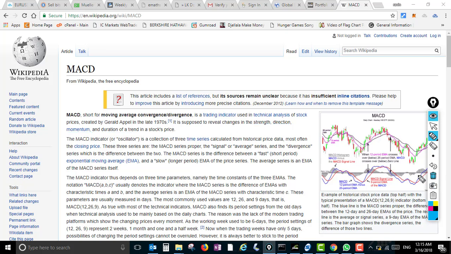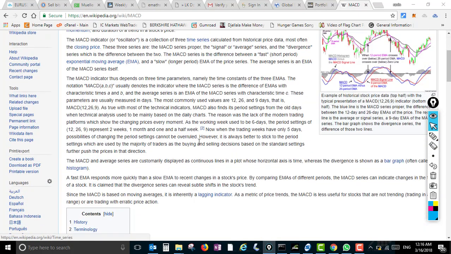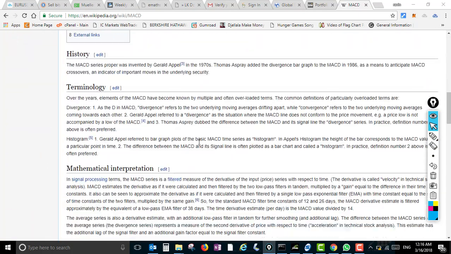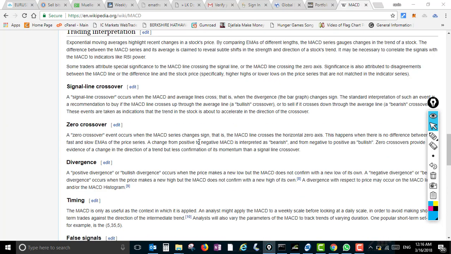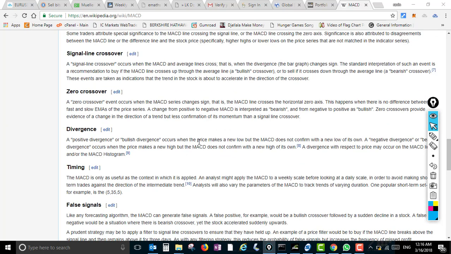We'll see what the parts of MACD are, as discussed in this Wiki. There are 5 areas. The first one is signal line crossover, the second is zero crossover, then divergence, timing, and false signals.